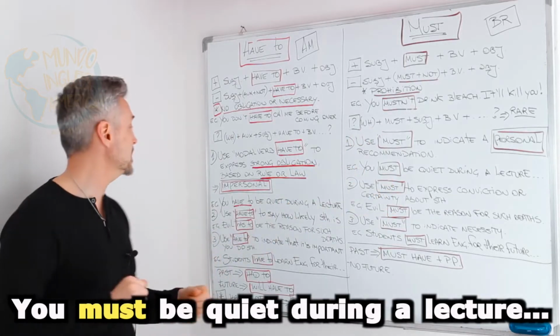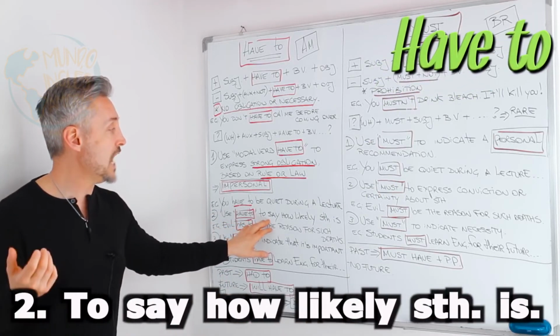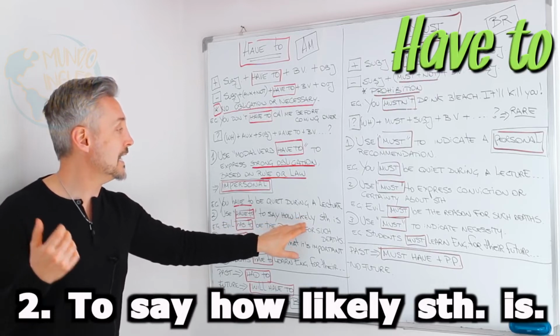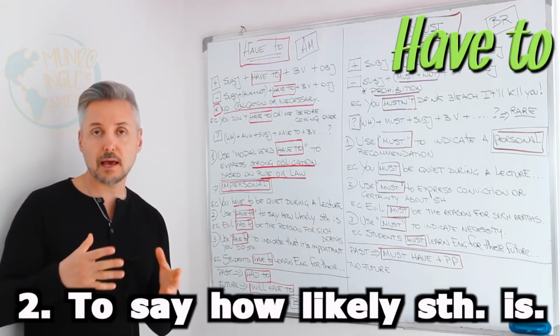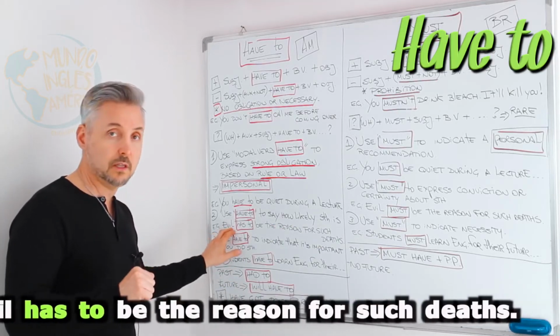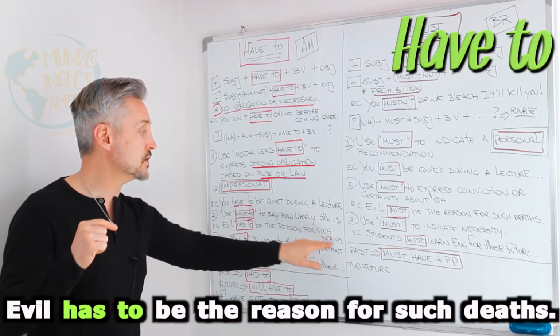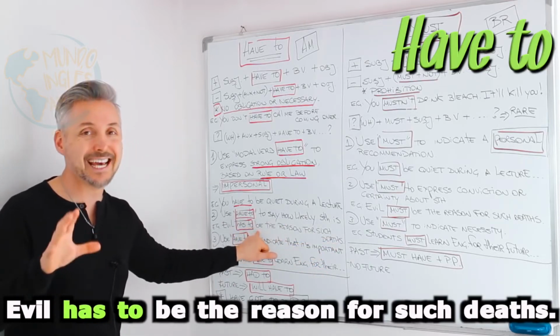Then another usage of have to is to say how likely something is. In my introductory example, it was evil has to be the reason for such deaths. Has to be the reason. And this is likely.